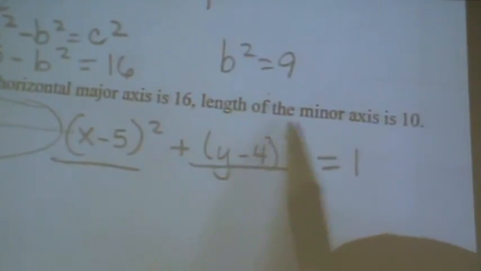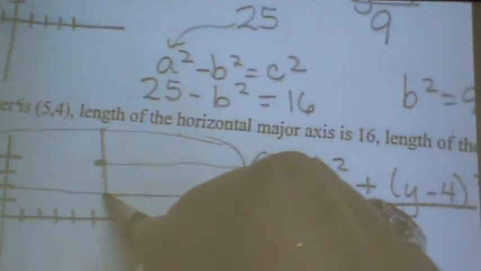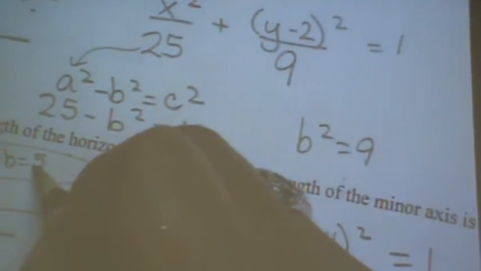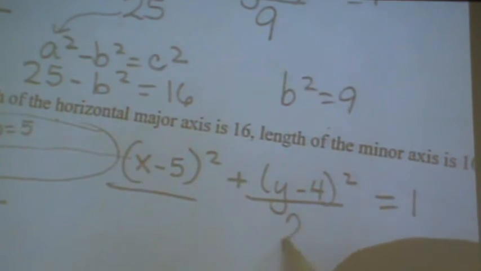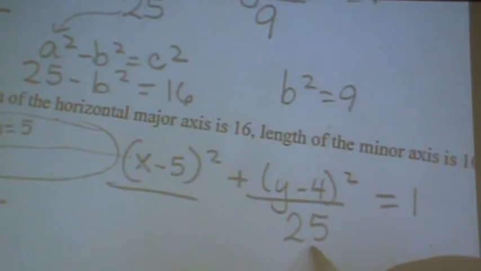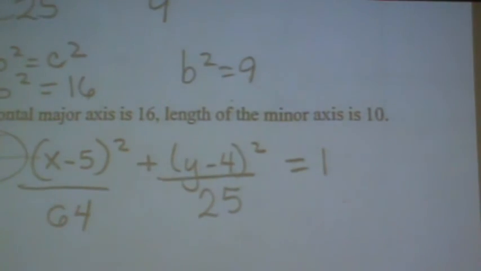And it says the length of the minor axis is 10. So from here to here, even though I don't have it drawn to scale, that's your minor axis, 10 units. So what is B? 5. So underneath the y squared, it's going to be 25. The major axis is 16, so this is going to be 8 and 8. So you're going to be 64 underneath x squared. That's it.